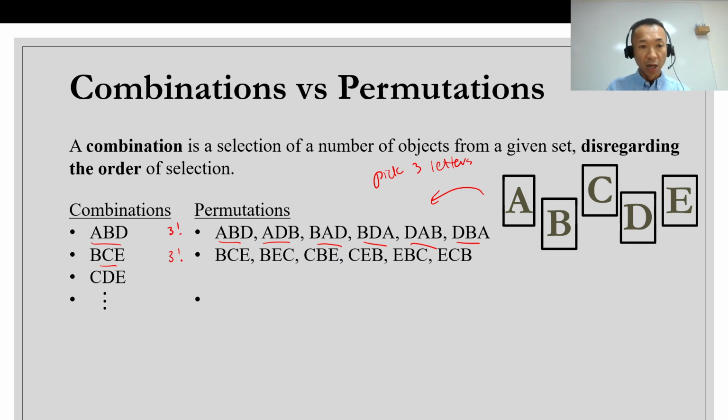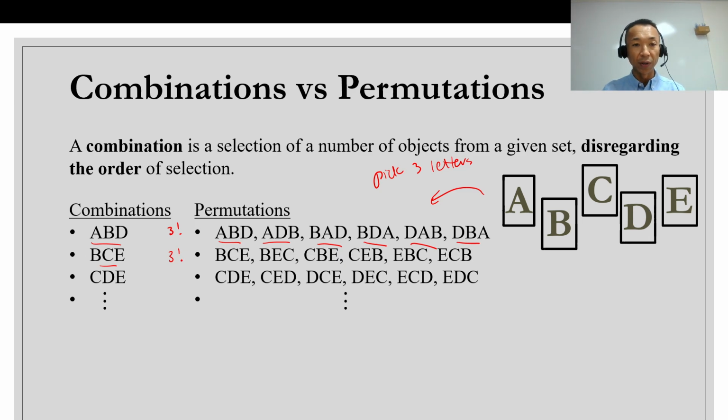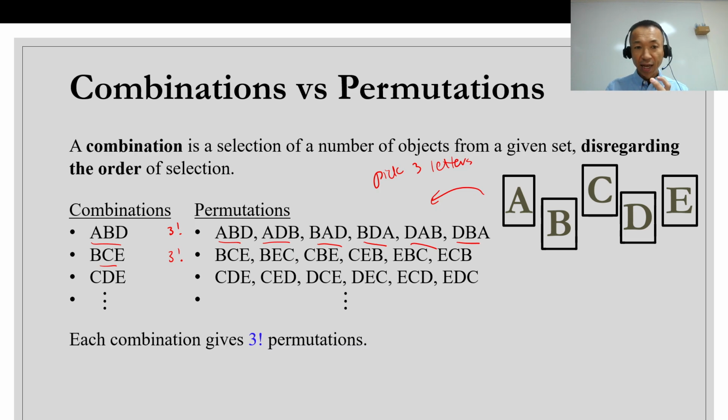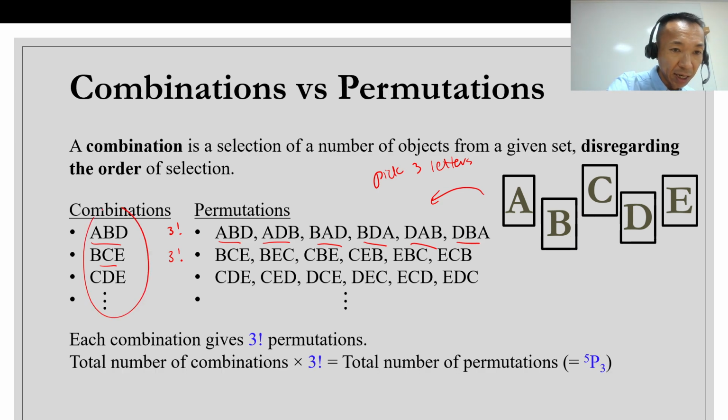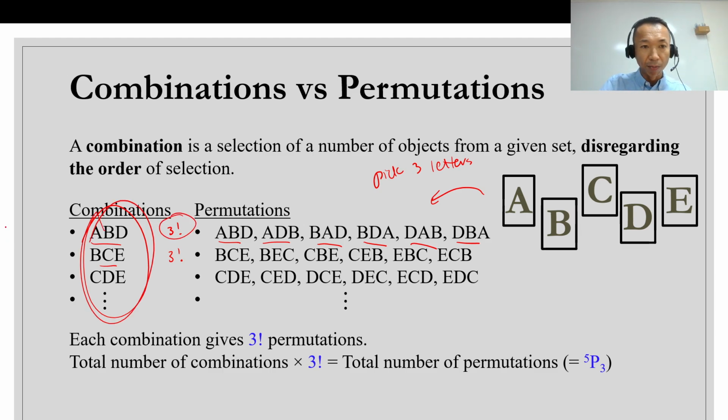Each combination gives us 3 factorial ways. Which means the number of combinations multiplied by 3 factorial will give you the total number of permutations, and we have learned this earlier.